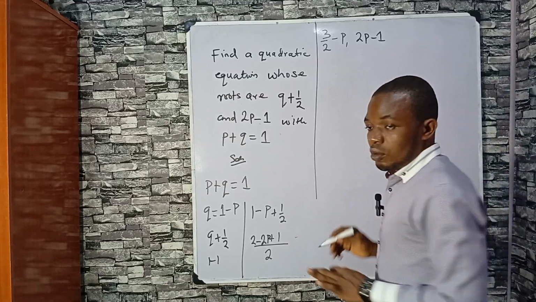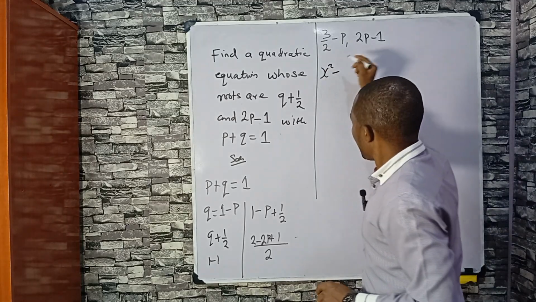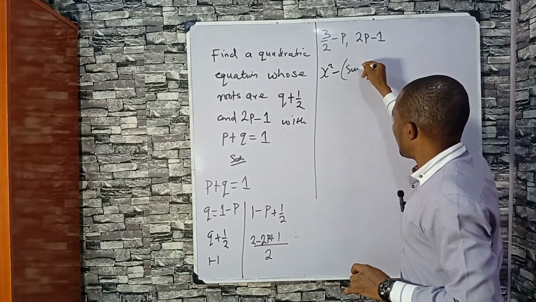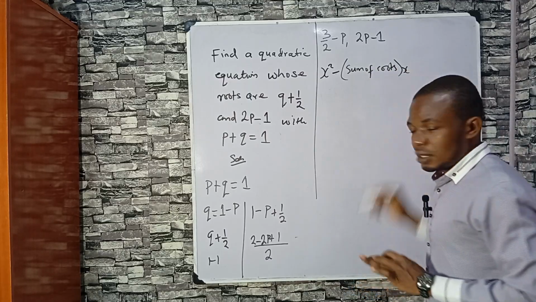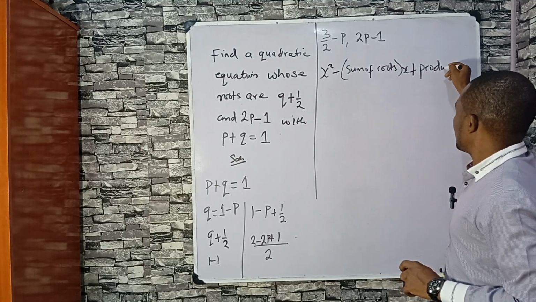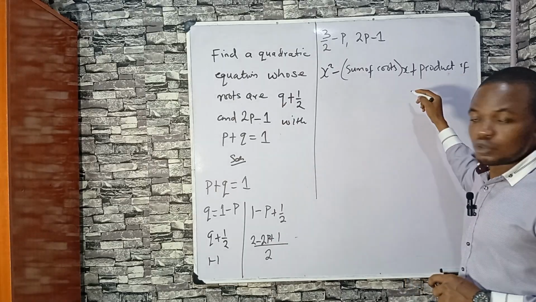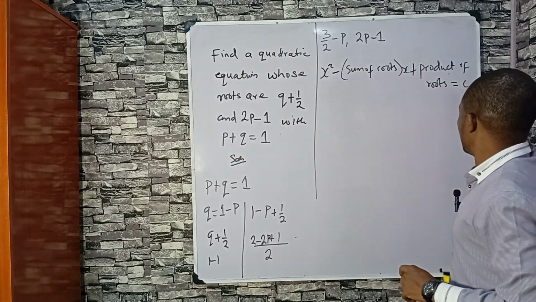Now, a quadratic equation is expressed as x squared minus the sum of roots, when you add the two roots, times x, plus the product of roots, when the roots are multiplied, equal to 0.